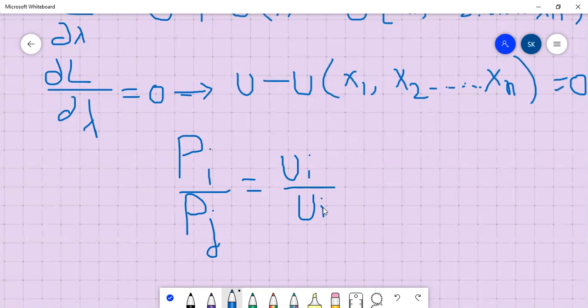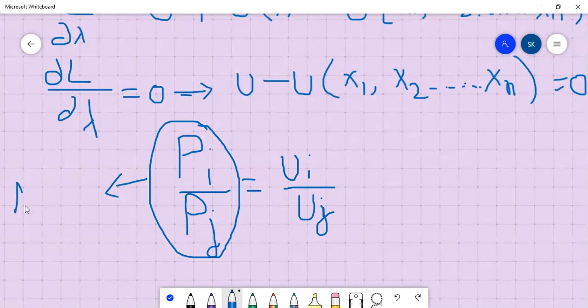Now the ratio of the prices is equal to the marginal rate of substitution. What is this ratio showing? This is showing the marginal rate of substitution: how the consumption of one good is substituted in order to consume the other good. So therefore, this has become MRS. The ratio of the prices is equal to the marginal rate of substitution.